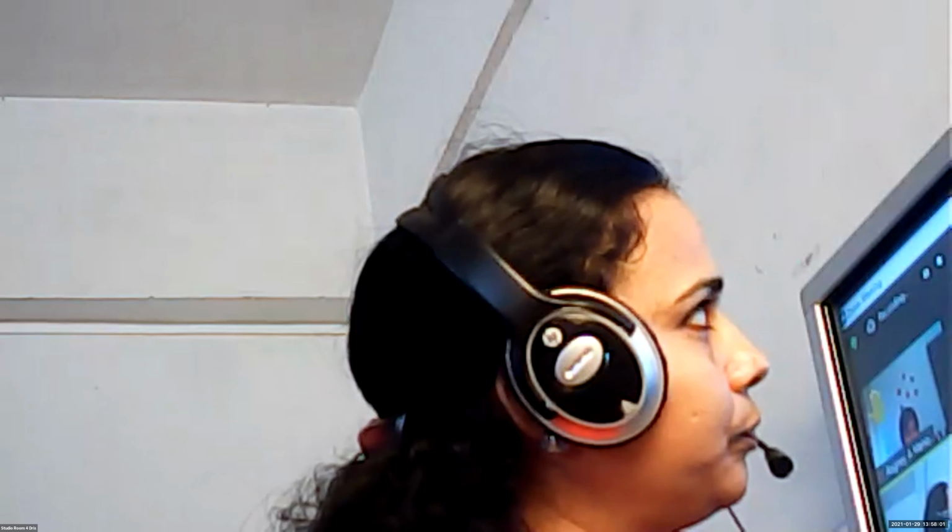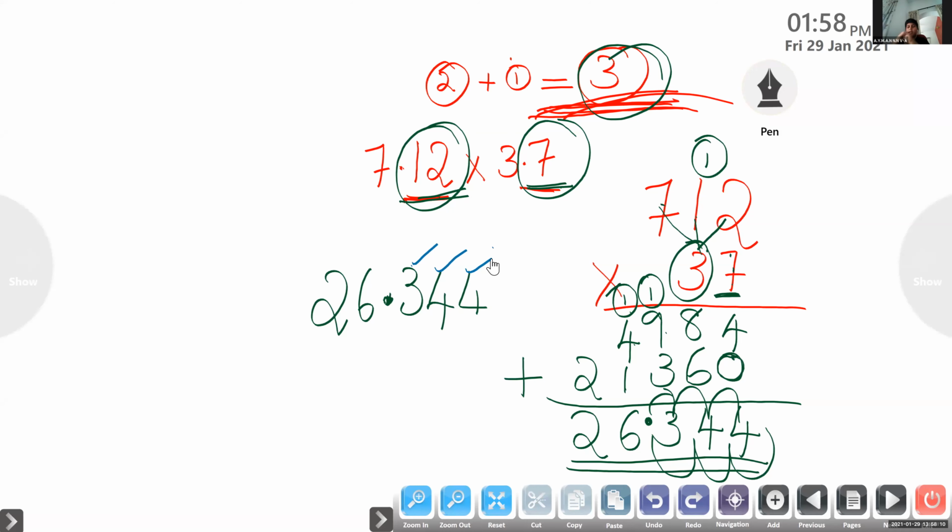So not in the multiplication, like that, we can add 0 only in division.